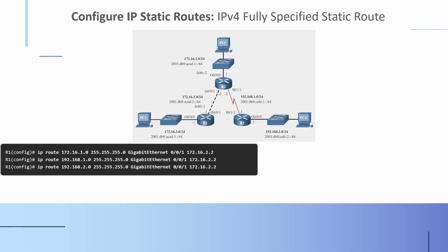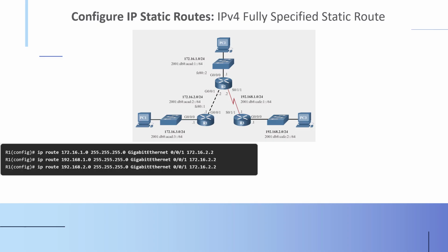We are able to reach this network if we forward the packets at router 1 through the interface GigabitEthernet 0/0/1, and the next-hop router is the router that has the IP address 172.16.2.2, which is the IP address of router 2 at the interface Gig 0/0/1.